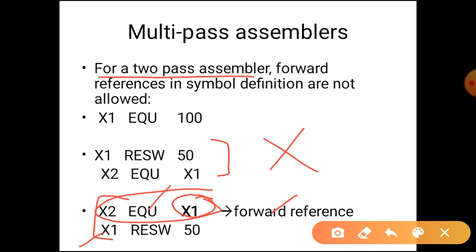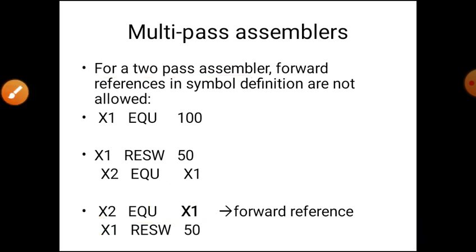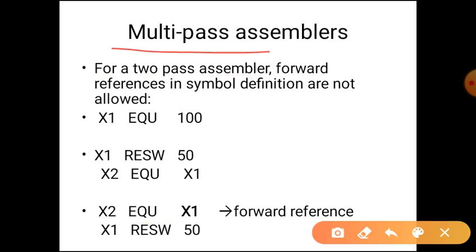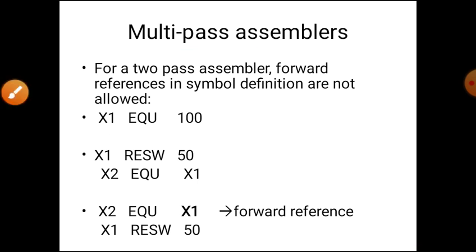In order to overcome this restriction, we use the multipass assembler. What this multipass assembler does is, it is a variation of two pass.